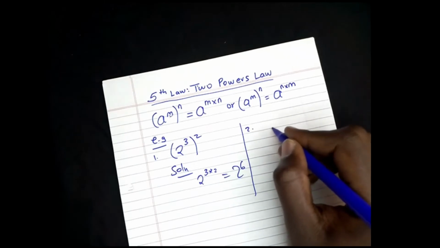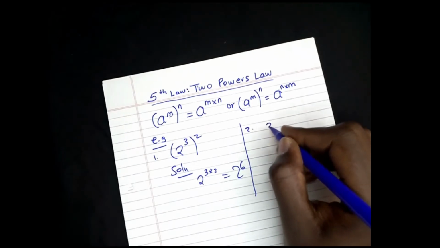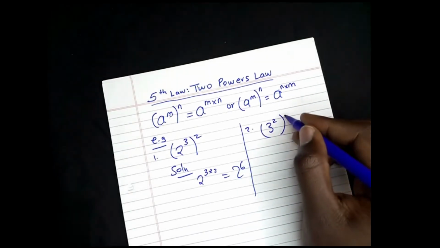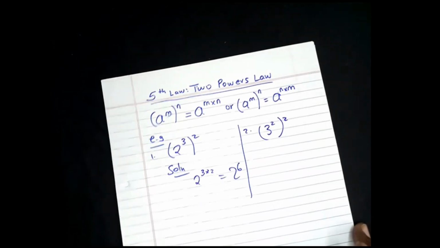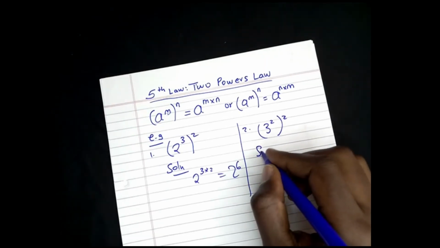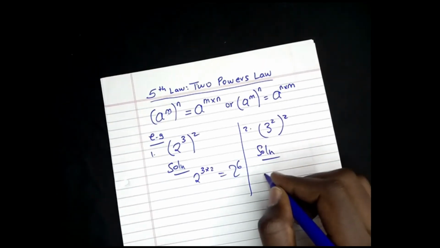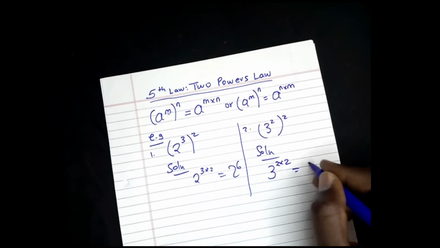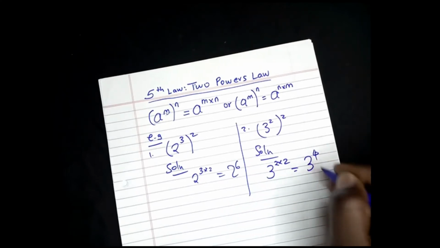Second example, if it is 3 to power 2 and this one is squared, the solution, it will be 3 to power 2 times 2, which will be 3 to power 4.